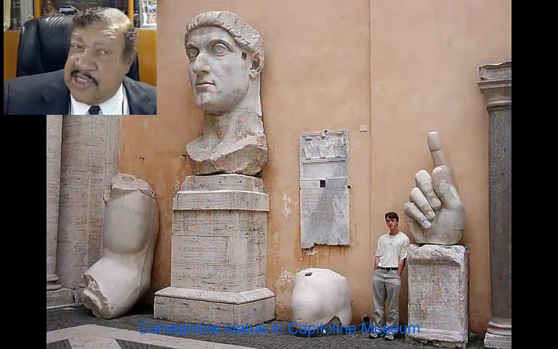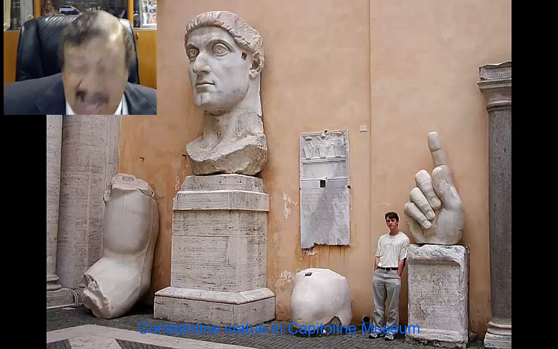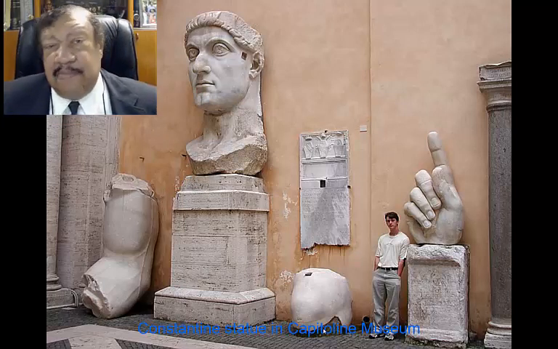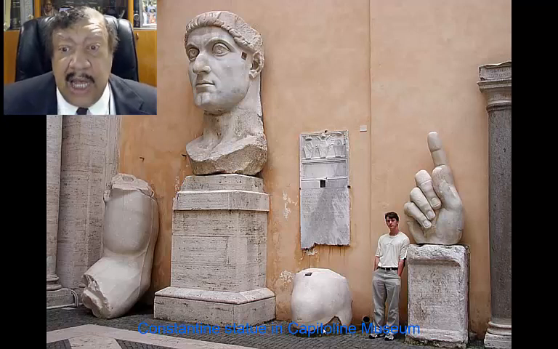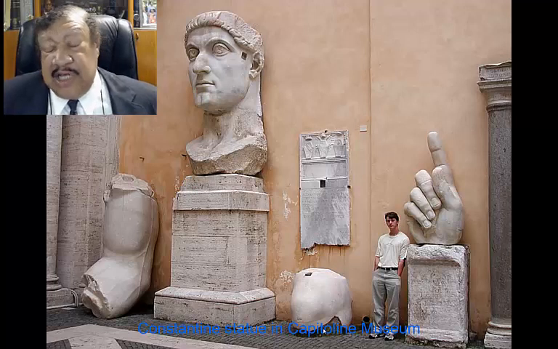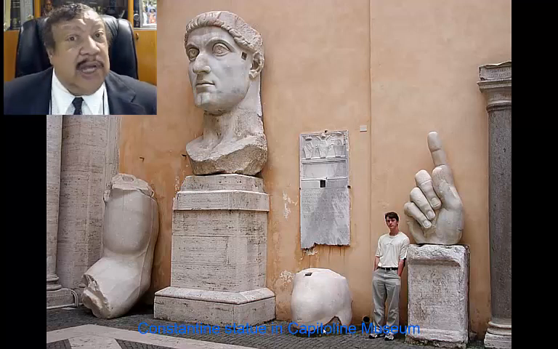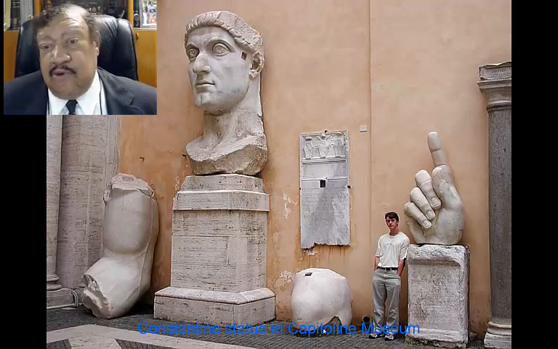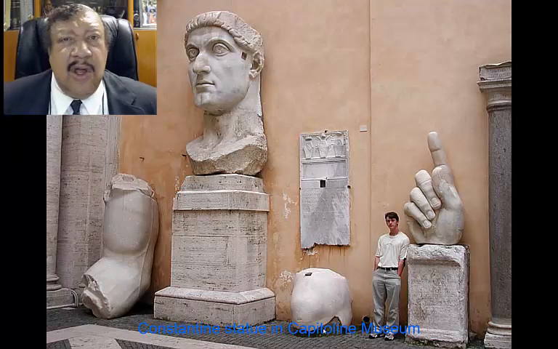And you see remnants in the museum of Constantine. He was the first Holy Roman Emperor around 300 AD, and he saw a vision, he said, one night, and he saw a burning cross, and that meant for him to become a Christian. And of course, his mother was a very devout religious person.